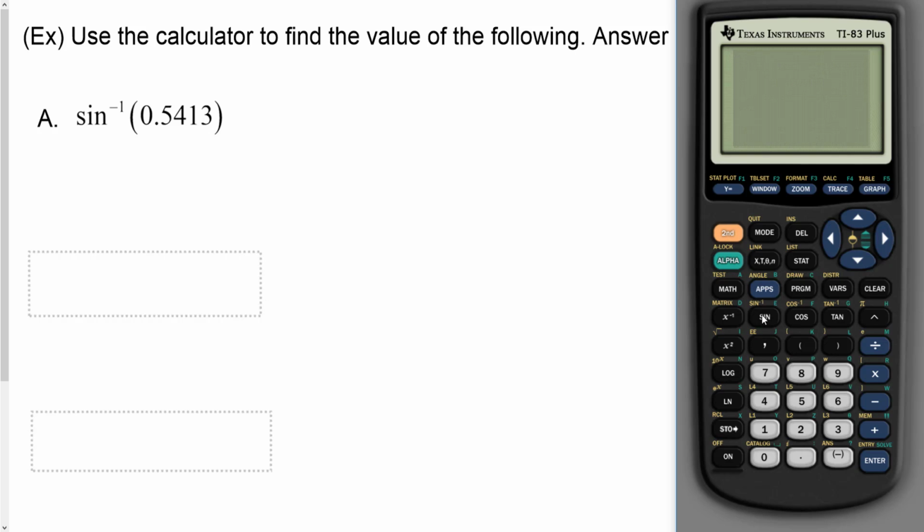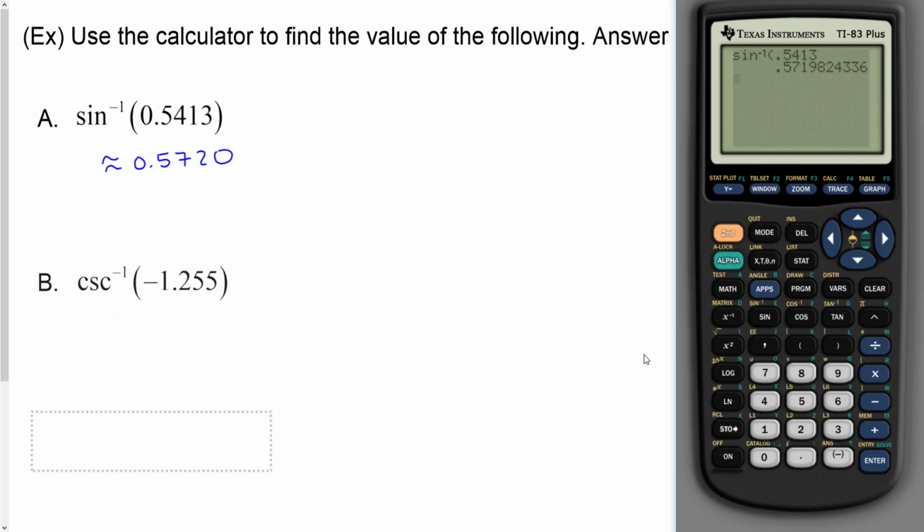So we would just do second and sine to get the arc sine function, 0.5413. And we get 0.5720. And just round to the number of decimals that are appropriate for your problem. You'll generally be asked.